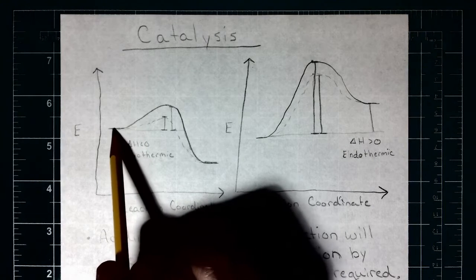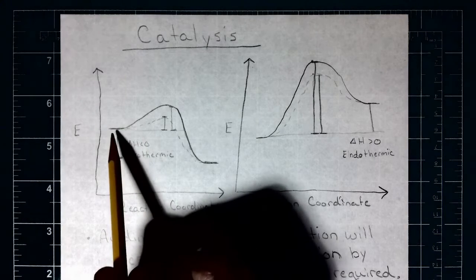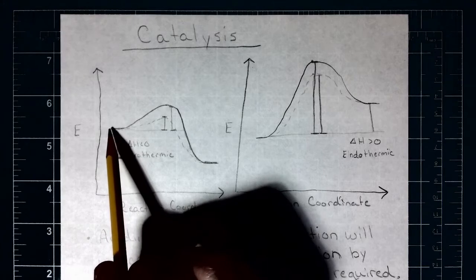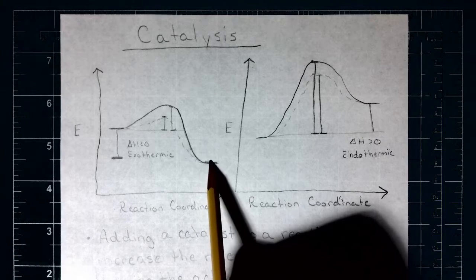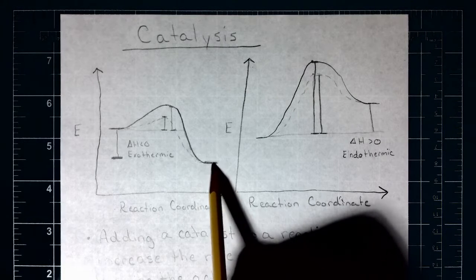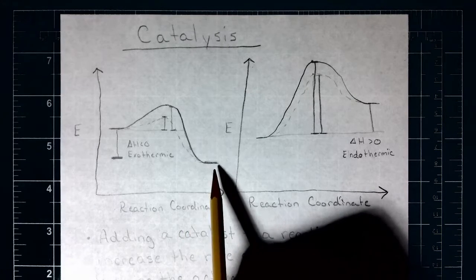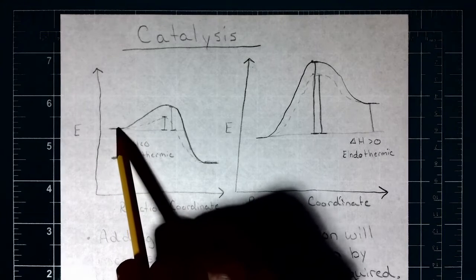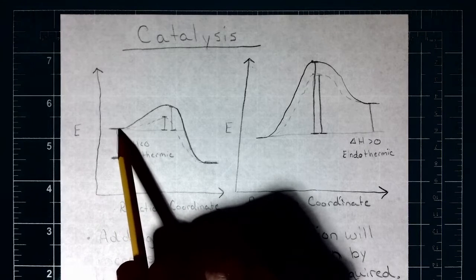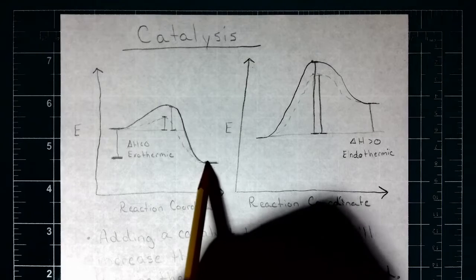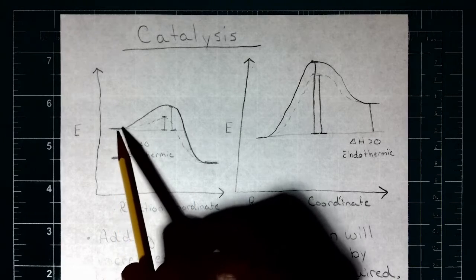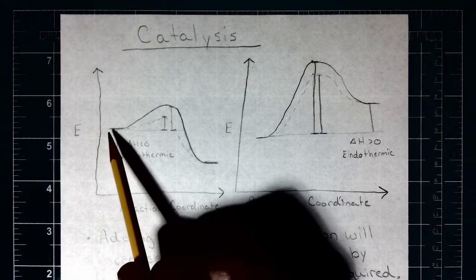Our reactants are right here, and they have some sort of energy state to them. And our products are over here, and they have some sort of energy state associated with them. The difference between where we start off with our reactants and where we end off with our products is that it's lower, right?